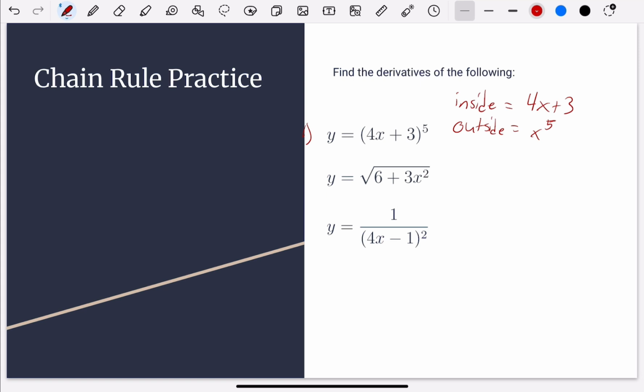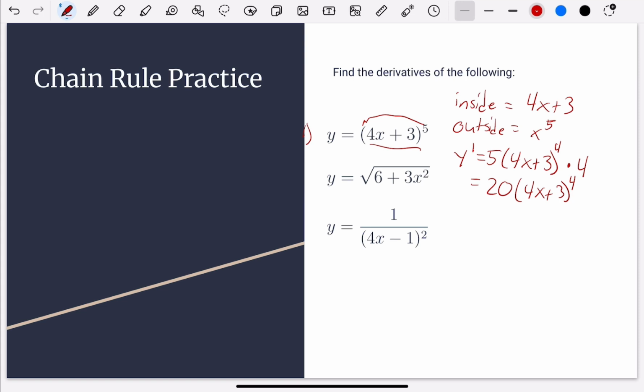So now, according to my chain rule, I just do the derivative of the outside. So I would have y prime is equal to, so doing the power rule, bring my 5 out front, tag along whatever's inside, to the 4th, and then I have to multiply it by the derivative of the inside function, and so that's 4. So my final answer is 20 times 4x plus 3 raised to the 4th power.